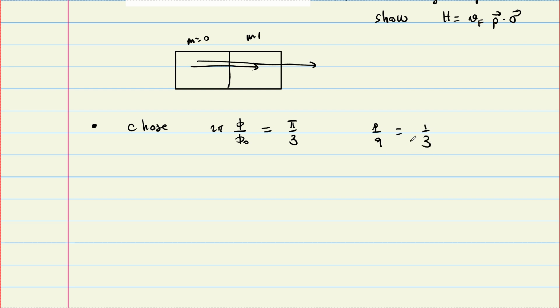Right? In that case, p is 1, q is 3. You could also choose p is 2 and q is 3, and it's going to be exactly equivalent. Maybe I can give you an exercise: show that p equal to 2 and q equal to 3 is exactly equivalent.